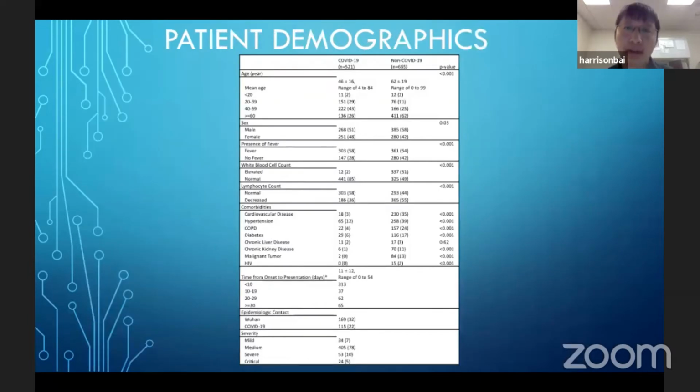So for patient demographics, we compared the baseline characteristics between the COVID-19 and our non-COVID-19 pneumonia cohort, and there were definitely differences between these two. As you can see here, in terms of mean age, the non-COVID-19 pneumonia patients are much older and also tend to have more comorbidities than the COVID-19 pneumonia cohort.